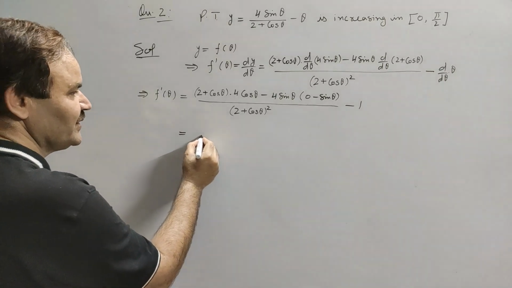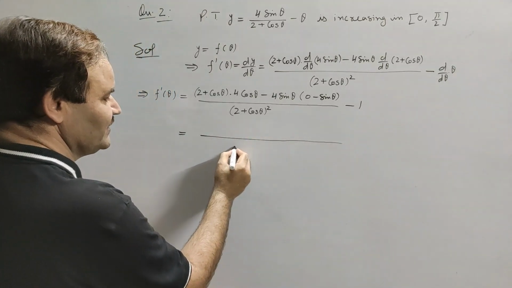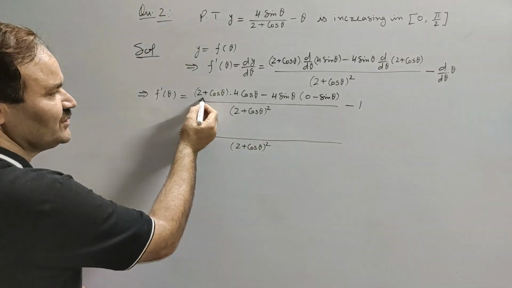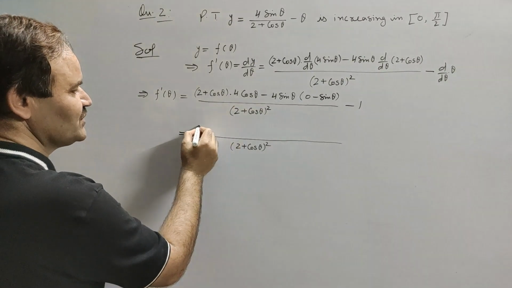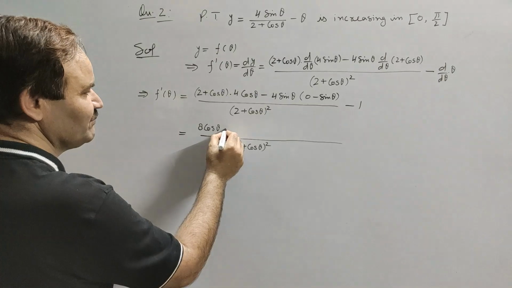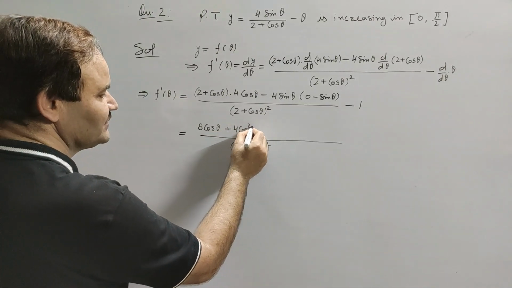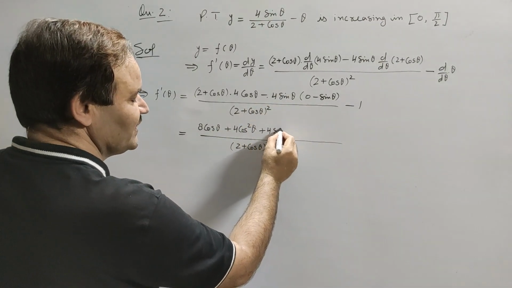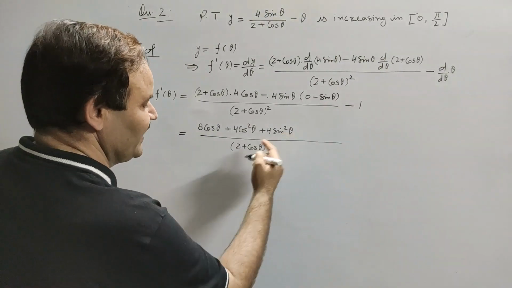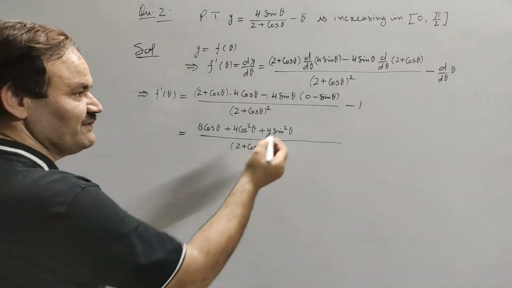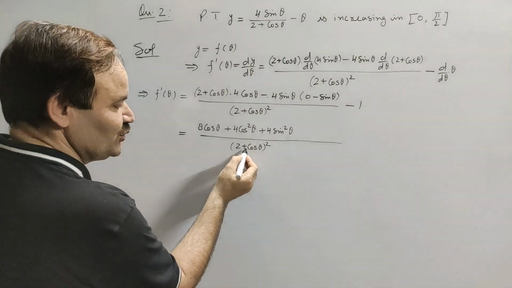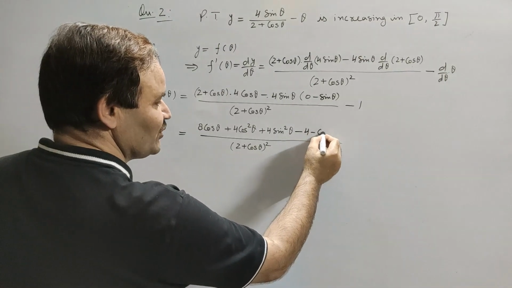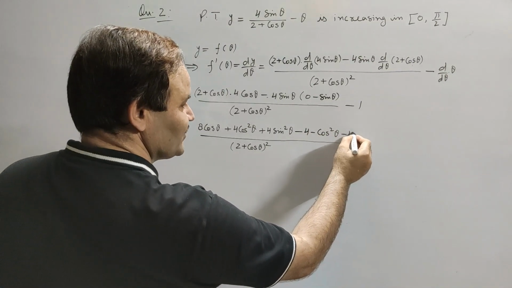This is equal to, LCM will be 2 plus cos theta whole square, and here 2 plus cos theta into 4 cos theta means 8 cos theta plus 4 cos square theta, minus minus plus 4 sin square theta, and minus 2 plus cos theta whole square. We will subtract 2 plus cos theta whole square, it will become minus 4 minus cos square theta and minus 4 cos theta.